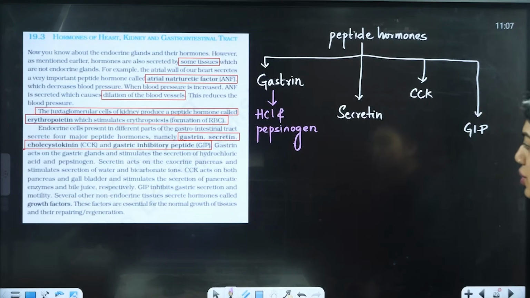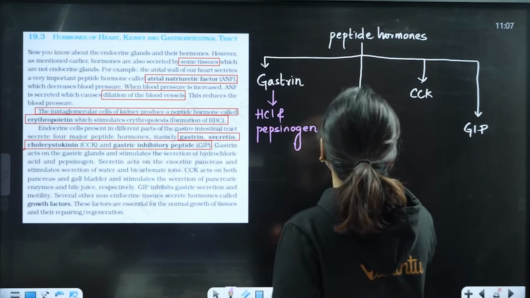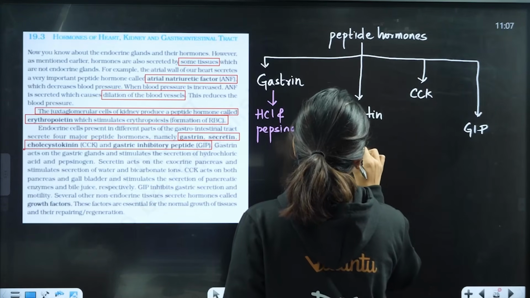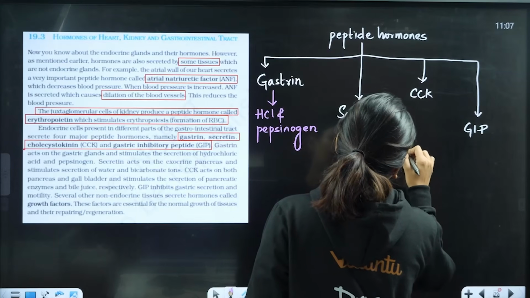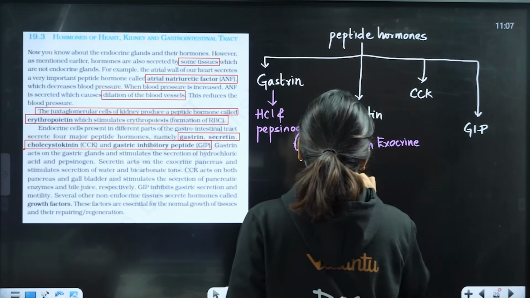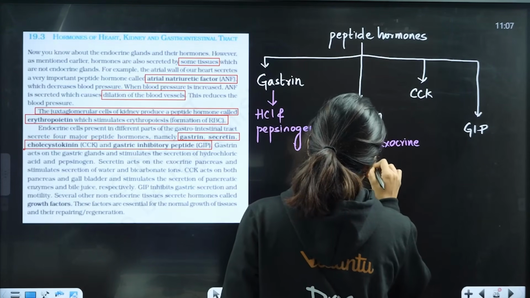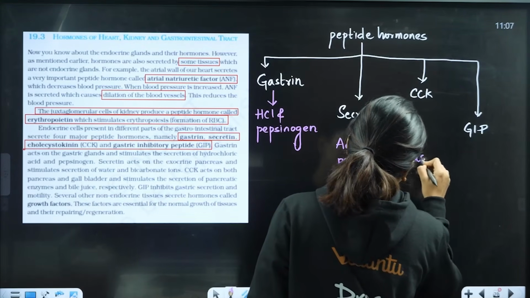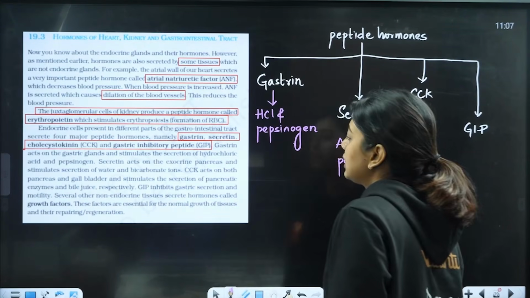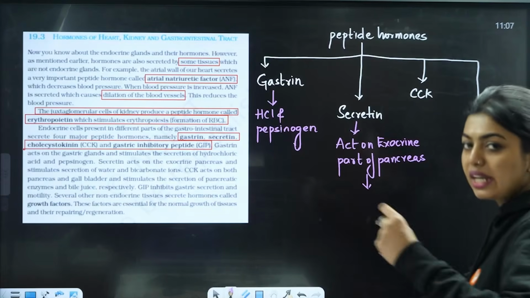Okay, students, you have secretin, which will act on the exocrine part of the pancreas, that is your acinar cells. And what they are telling is that it stimulates the secretion.